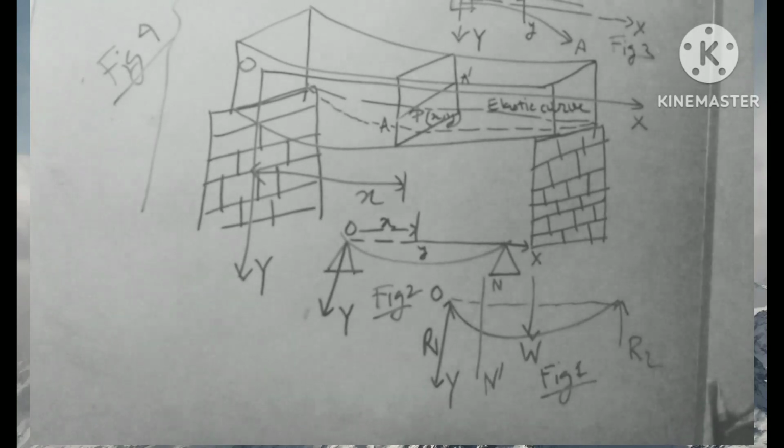Consider a cross section of a beam cutting the elastic curve in P and the neutral surface in the line AA dash.